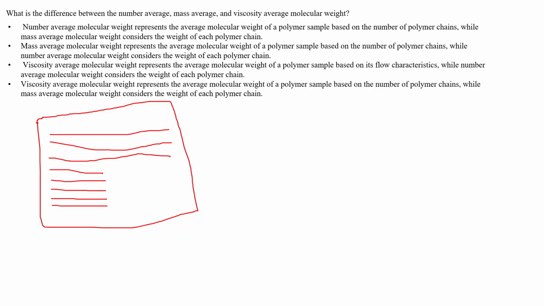So the ratio of the mass average or the weight average molecular weight divided by the number average molecular weight will give you the polydispersity index of a polymer chain. Why is this ratio so important?